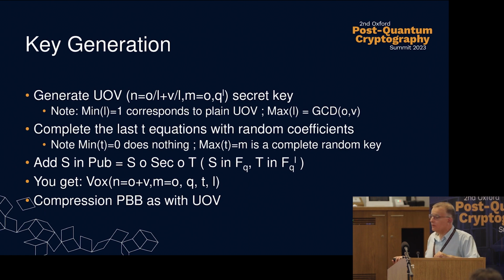And pay attention: S must have its coefficients in the small field, and T, which is used for the QR transformation, must have its coefficients in the extension. And that's it. With all those steps, you get a VOX public and secret key.